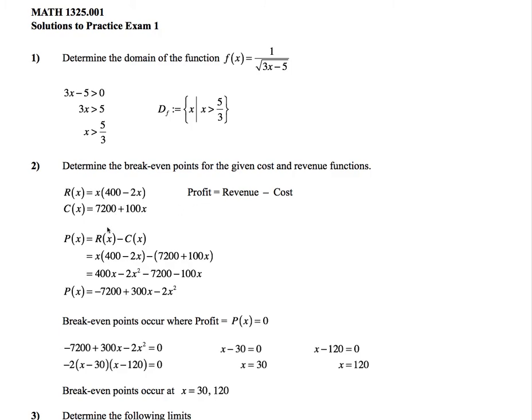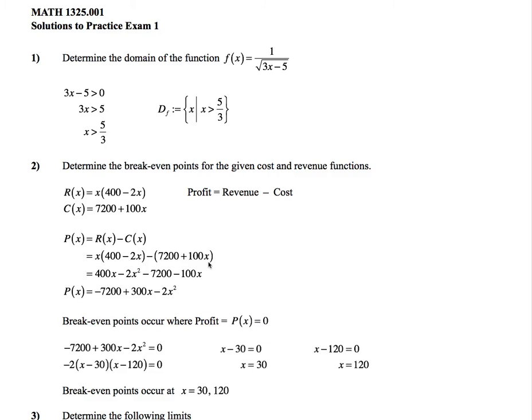And so profit equals revenue minus cost. Revenue is x times 400 minus 2x. I have that right here. Then I've subtracted the cost function, and don't forget, I'm subtracting the entire function, so I've put parentheses around it. I'm subtracting the entire thing.